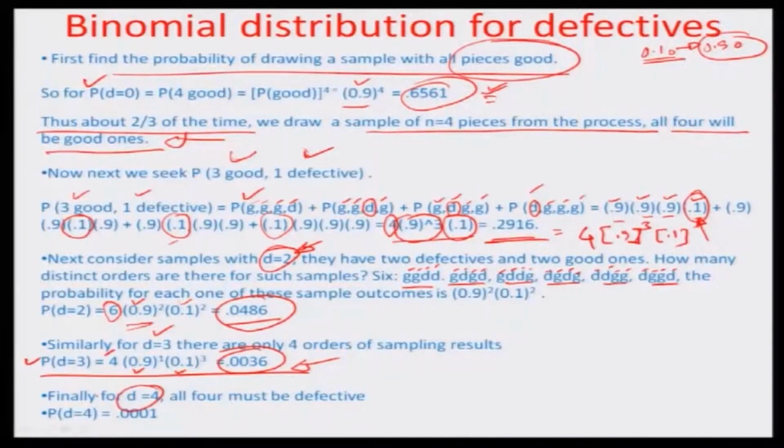Finally, for d equal to 4, all 4 must be defective. So, you have 0.1 to the power of 4, giving 0.0001 as the probability of having d equal to 4 defectives.